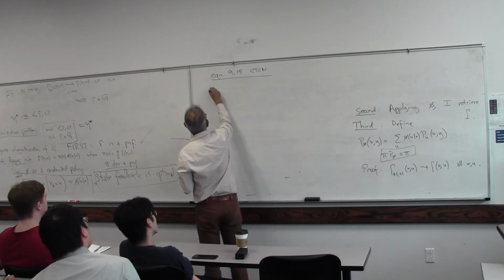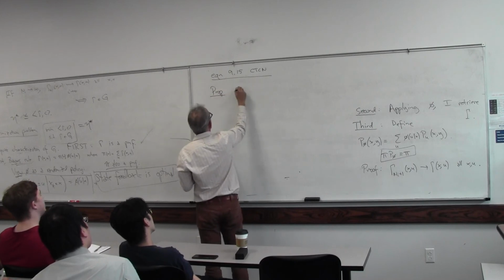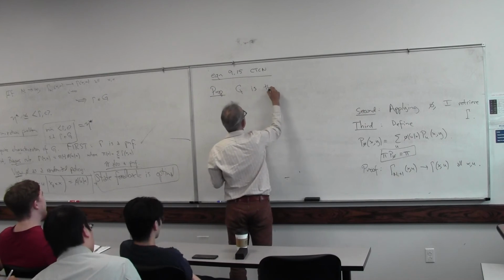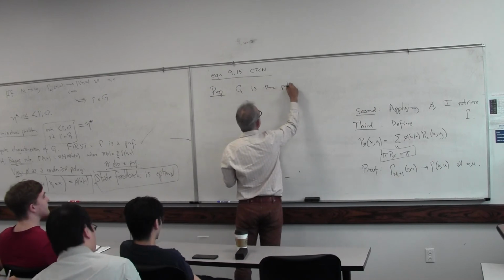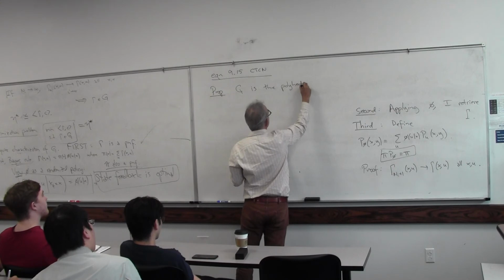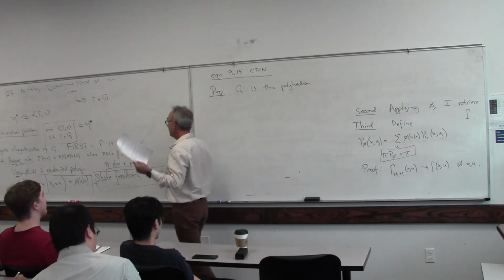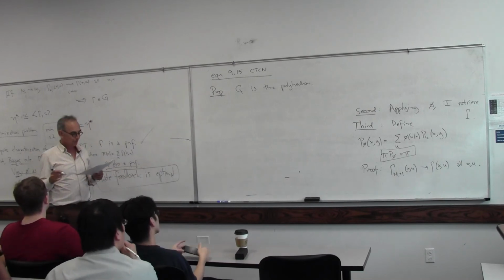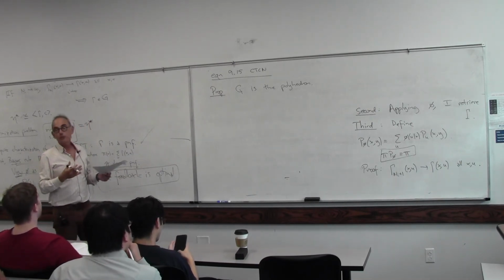And so here's a proposition. First of all, G is a polyhedron. It's a subset of a big polyhedron because every gamma in G is a probability mass function, and it's characterized by these constraints.